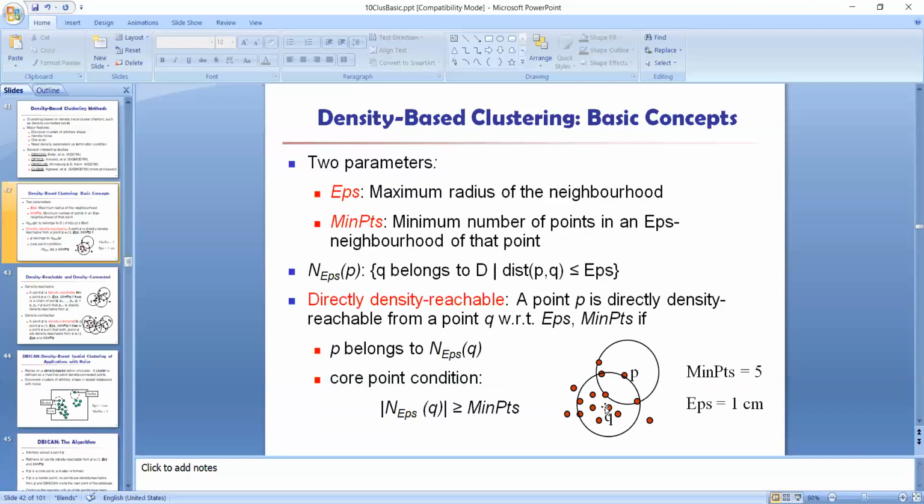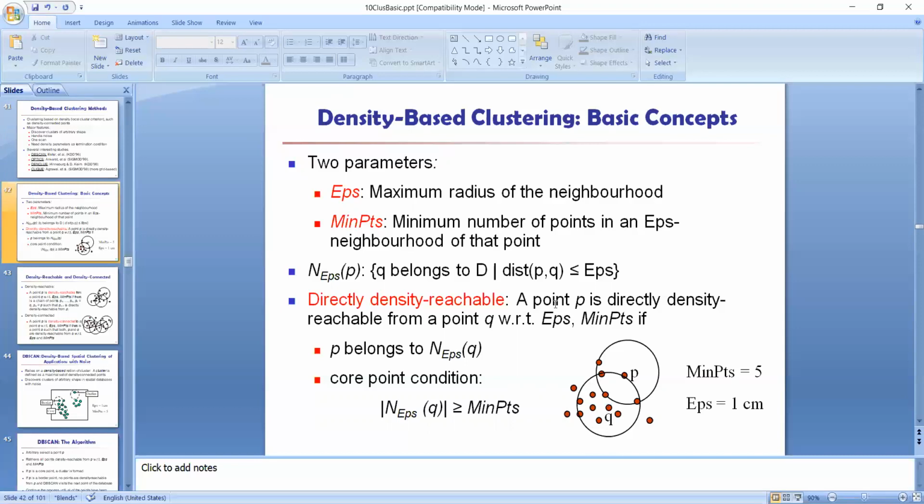Now take another point Q. This is the point Q, and epsilon is equal to 1 centimeter. Again, with Q as the center, I can draw the neighborhood of Q, that is this particular circle of 1 centimeter, and I can count the number of points within that neighborhood. It is greater than 5, which indicates that Q is a core point.